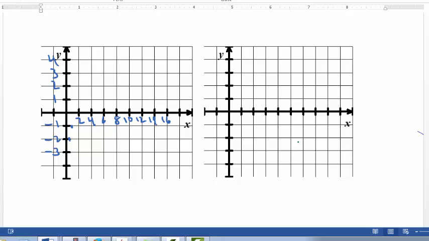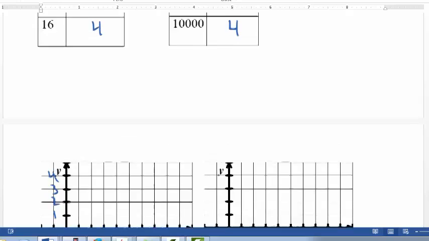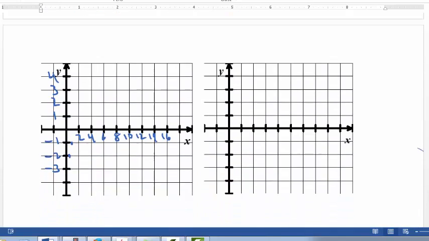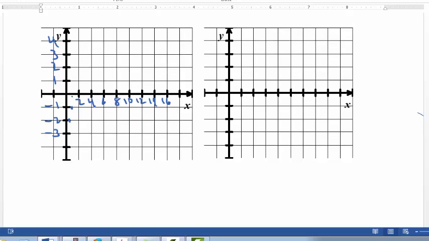And then I had 2, 0, right? I'm sorry, not 2, 0. 1, 0, 4, 2, and 16, 4. So 1, 0 is actually going to be right here. Then 4, 2 is going to be up here. And then 16, 4 is going to be up here.